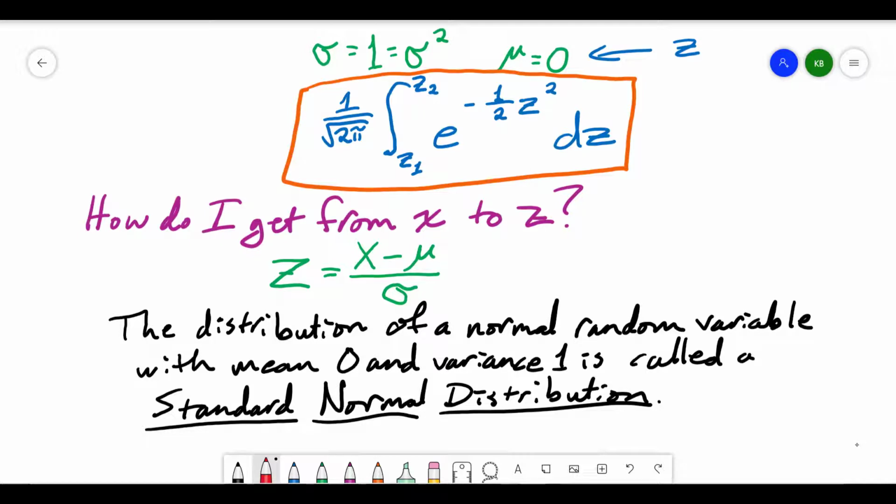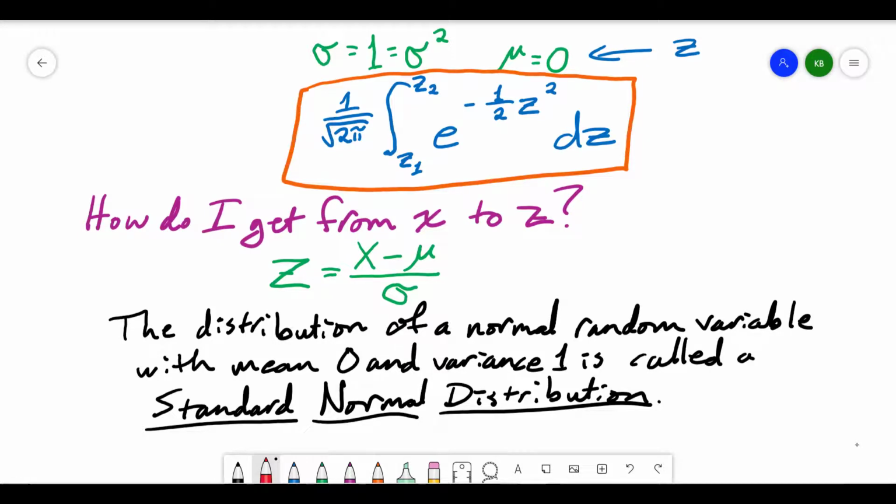So in order to have a table, what we needed was this standard normal distribution, so we can always have the mean being 0 and the variance being 1, so that all we have to account for is our z values changing.